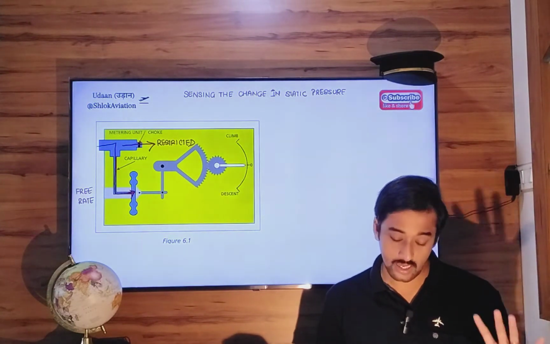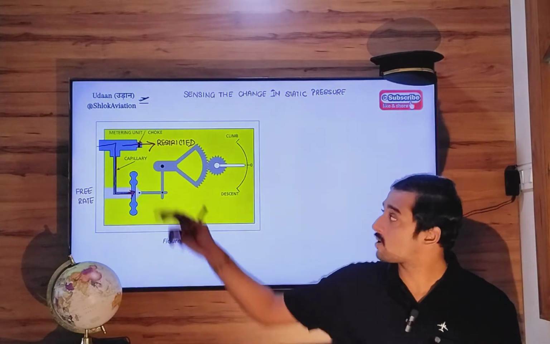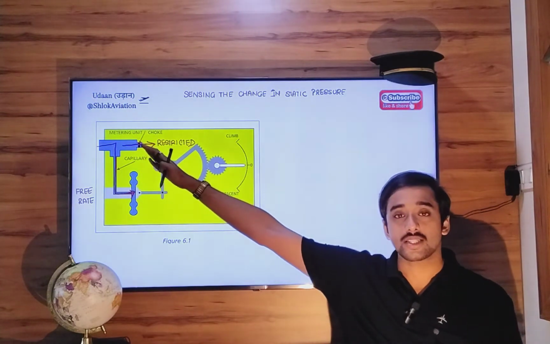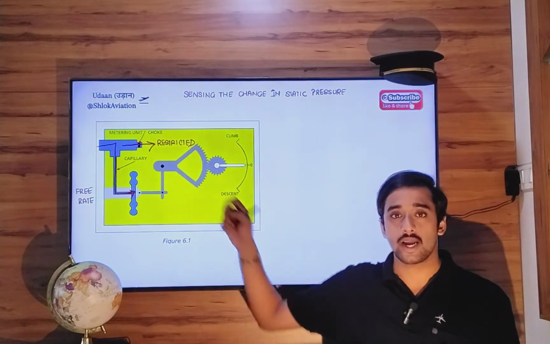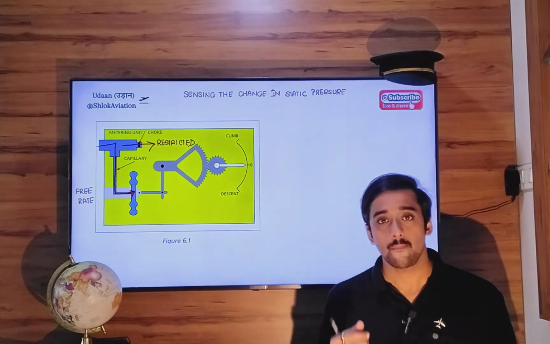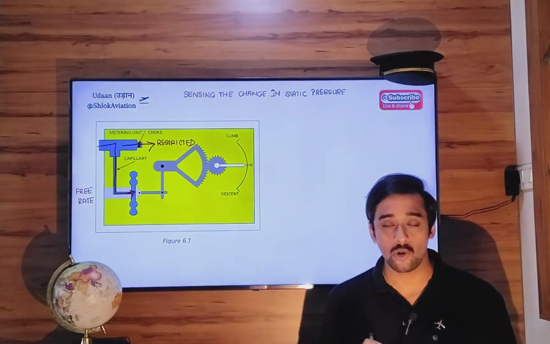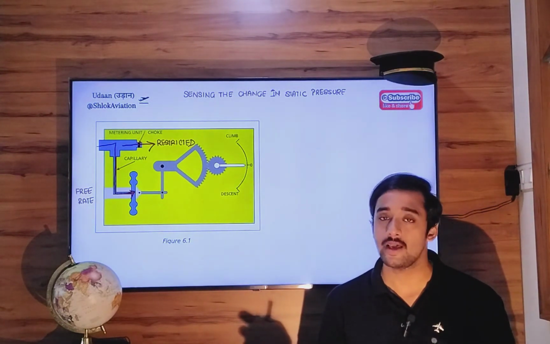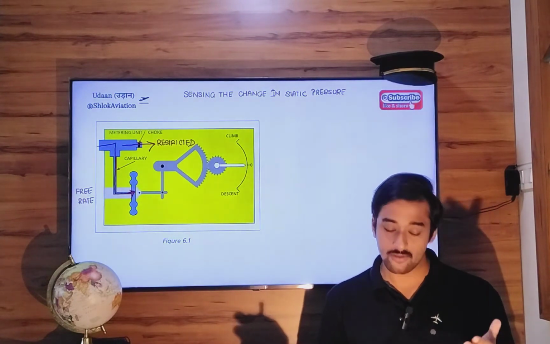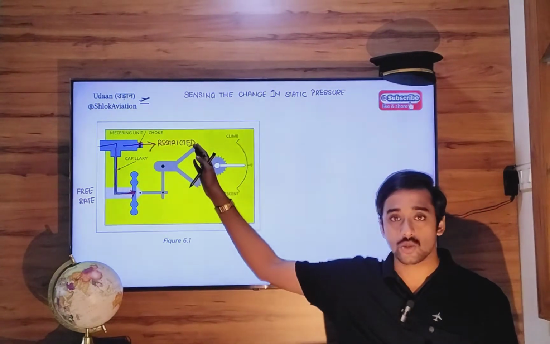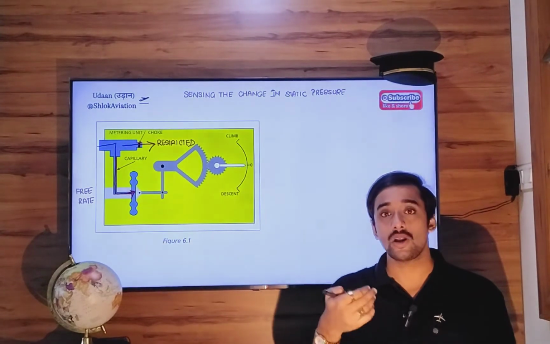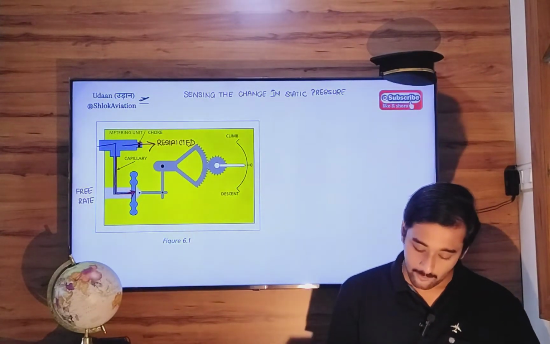Now, if as given in the question, this choke or metering unit through which the static pressure enters the instrument at a reduced, controlled rate becomes partly blocked, not fully blocked, but partly blocked, what will happen? The rate at which static pressure is fed to this instrument will become even more restricted.